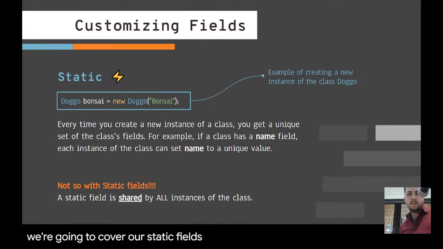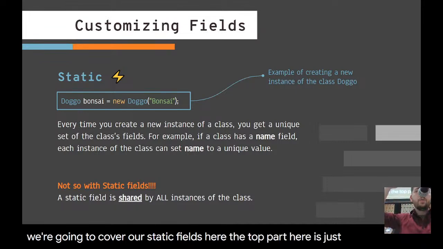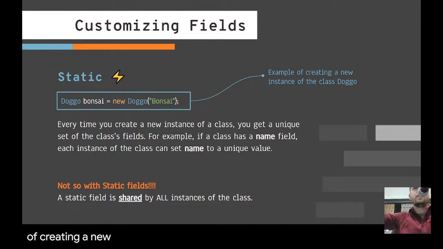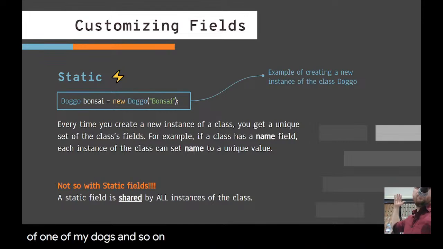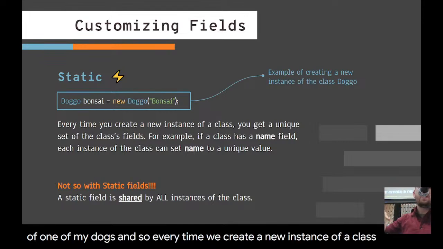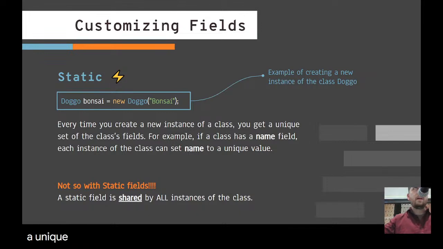Right, so here, the top part is just a code snippet of creating a new instance of a class. We're creating an object called Bonsai, the name of one of my dogs. Every time we create a new instance of a class, we get a unique set of the class's fields.